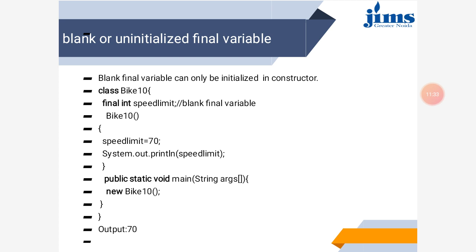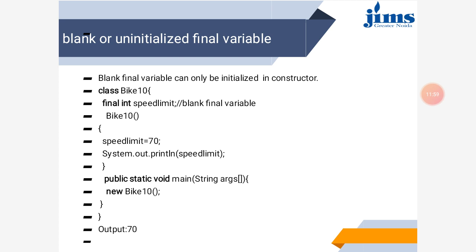We can understand this with the help of this program. In the Bike10 class, there is a final instance variable, that is speedlimit. We have declared it and marked it as final, but we have not initialized it with any value.